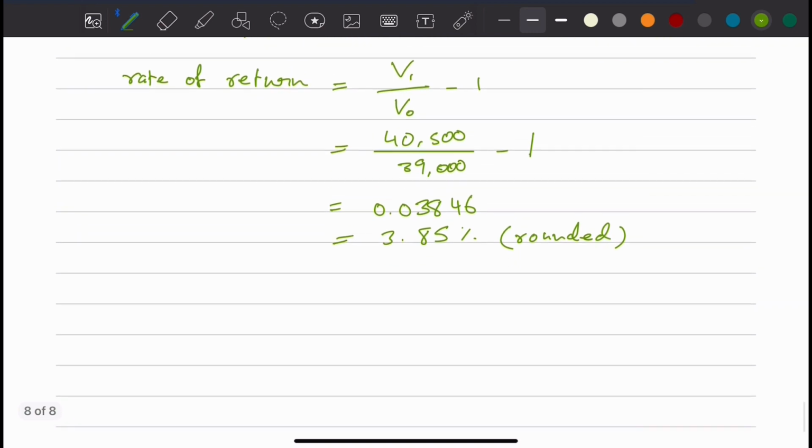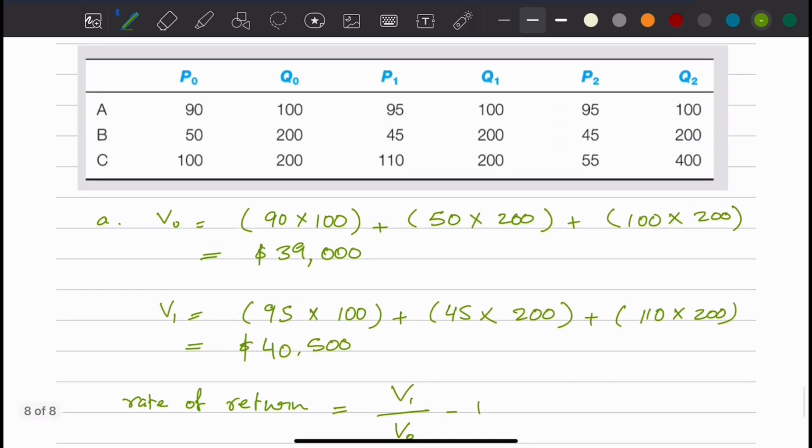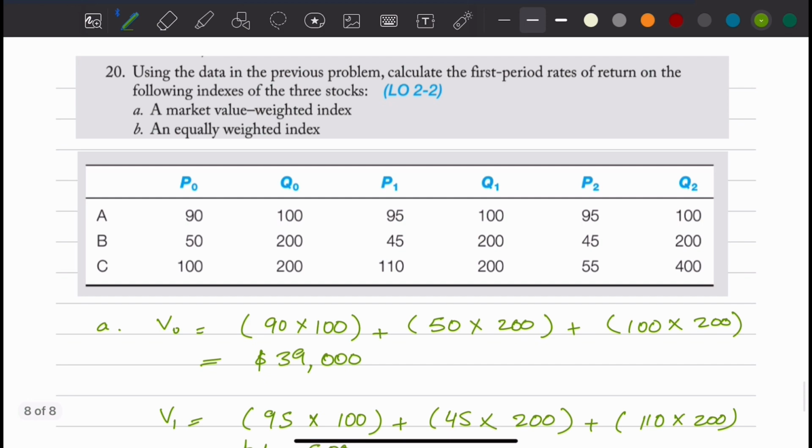Now let's go to requirement B. Let's read it again. It says an equally weighted index. So now, again, we want to calculate the rate of return on an equally weighted index. In order to do this, we need to calculate the rate of return on each stock individually first.